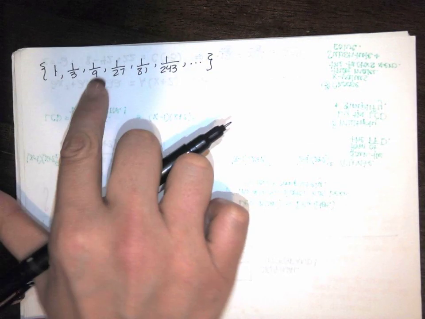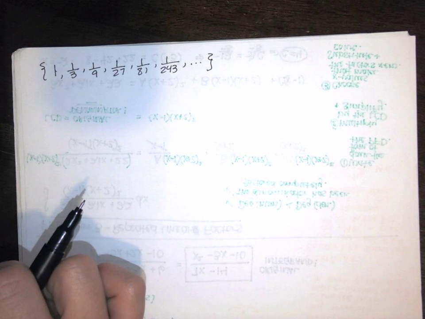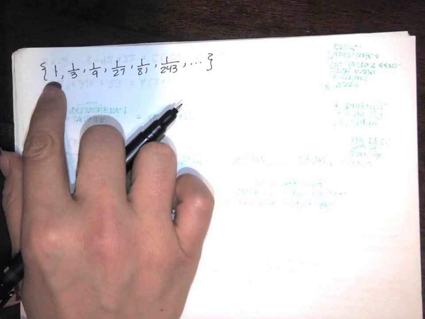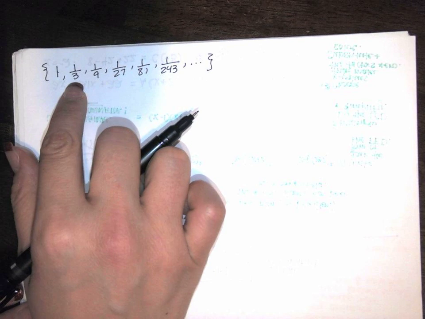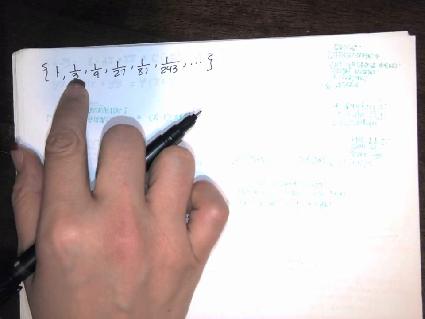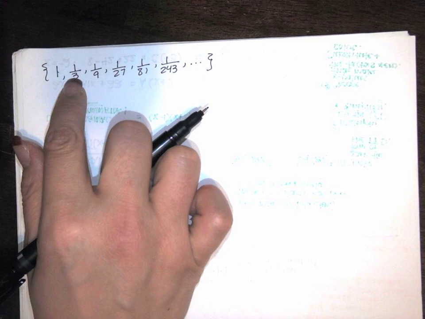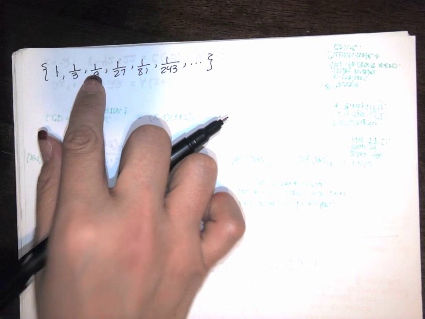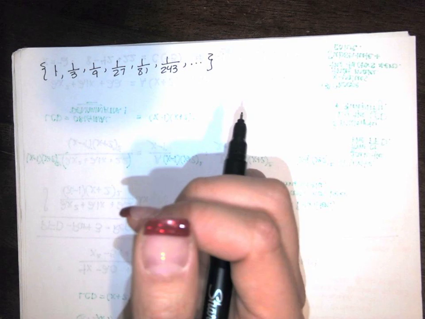Are we adding or subtracting the same thing to get from term to term? I'm going to say 1 minus 2/3 is 1/3. Okay, so the common difference could be negative 2/3. Is 1/3 minus 2/3 equal to 1/9? I hope you said no. So this is not an arithmetic sequence.